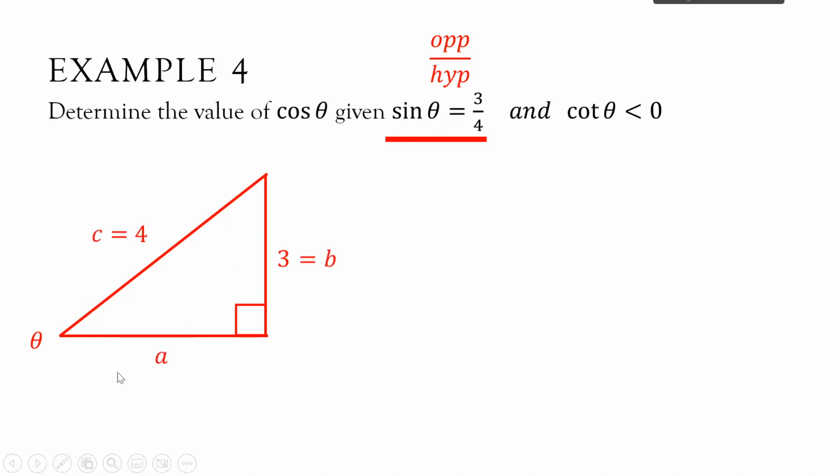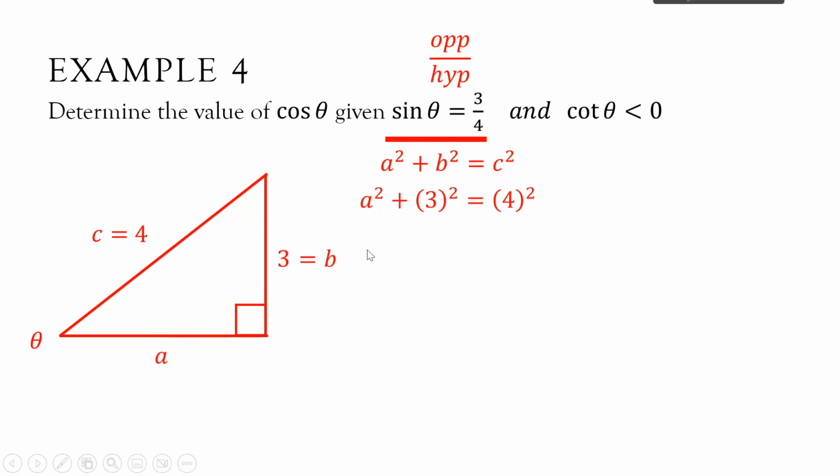If I have 2 sides of a triangle, to get the third side, I can use the Pythagorean theorem, which is, if you recall, a squared plus b squared is equal to c squared. I don't know what a is. I'm trying to figure that out. b is 3, so I have a squared plus 3 squared is equal to the hypotenuse squared, so 4 squared.